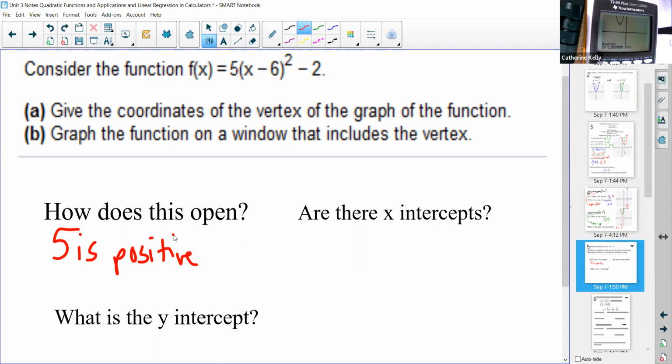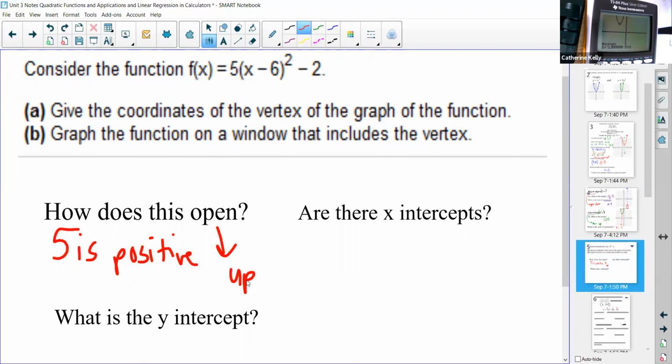Are there x-intercepts? Let's find out what our vertex is first. And you can tell because if it's a negative value for y, then you definitely have x-intercepts.